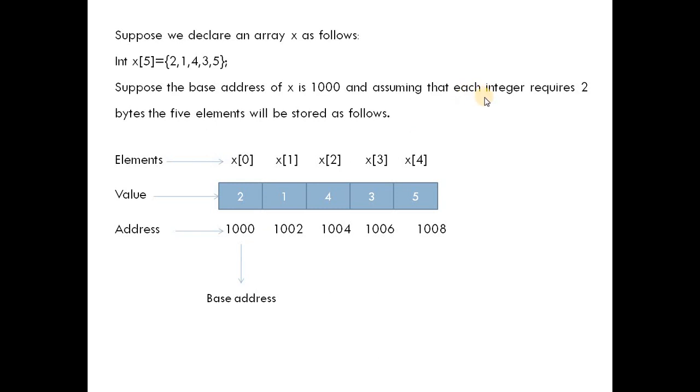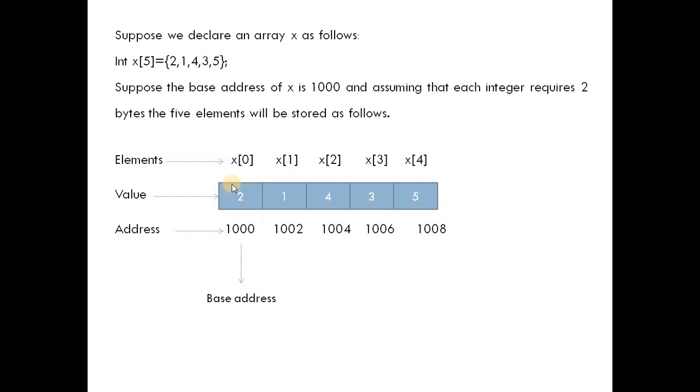Why? Because an integer requires 2 bytes. To store the integer 2, we will require 2 bytes, 1000 and 1001. The second element will require 1002 and 1003. Next will require 1004, 1005. Next will require 1006, 1007, and the next will require 1008 and 1009.